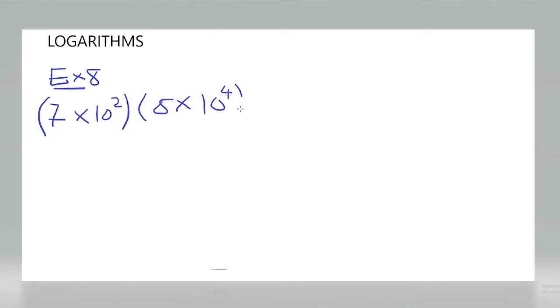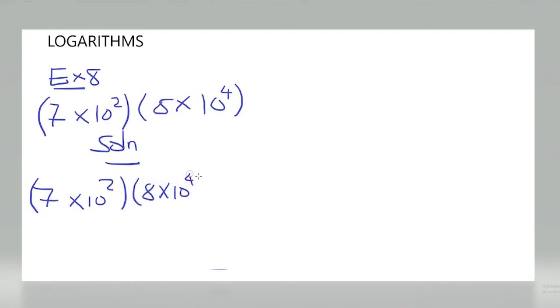You are told to simplify, then write the answer in standard notation. Find the solution and write your answer in standard notation. Solution: copying the question, 7 times 10 power 2 times 8 times 10 power 4.